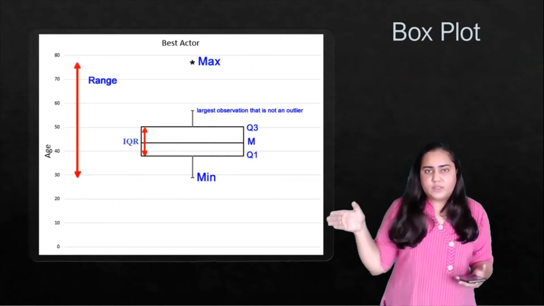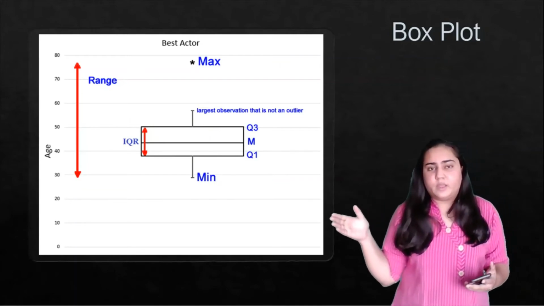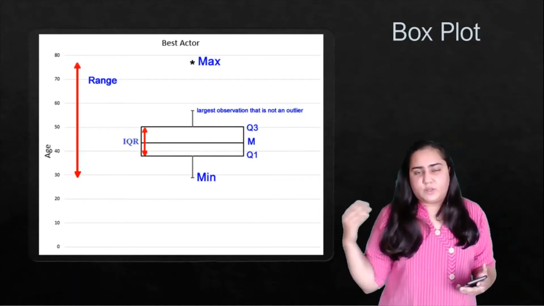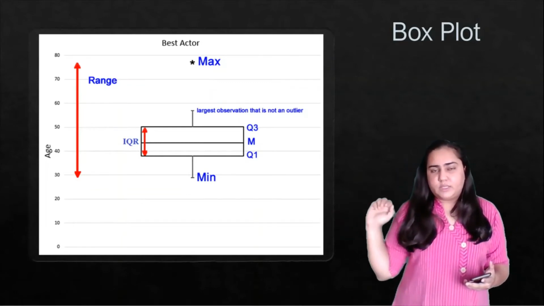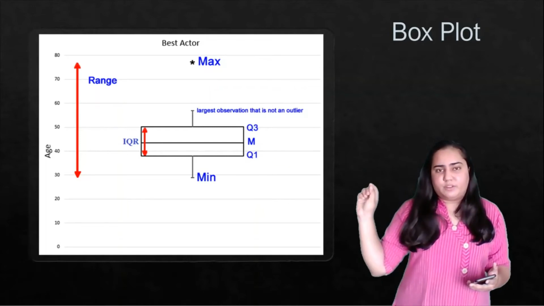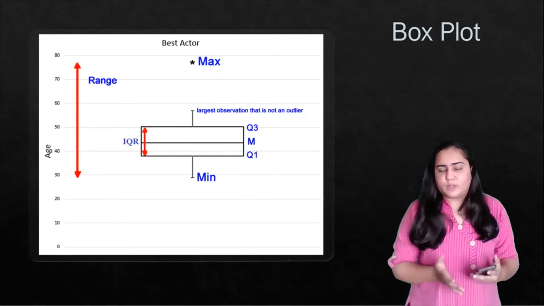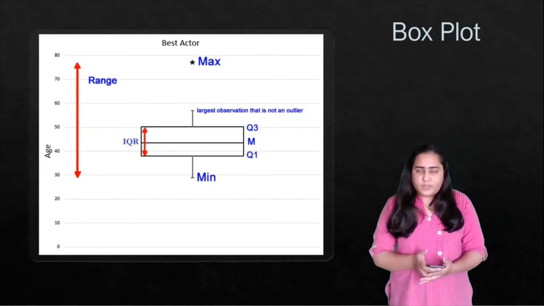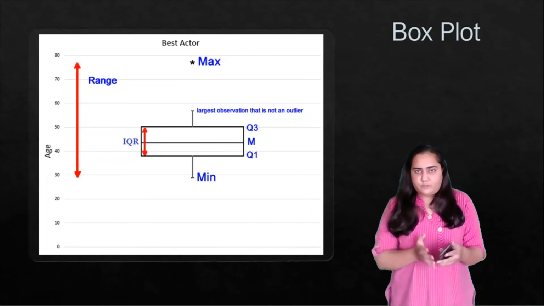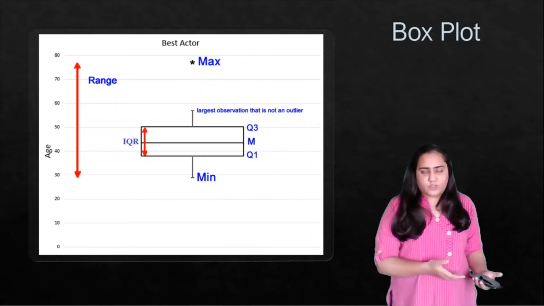To create the line above the box, we are going to use the 1.5 criterion. That is the line going above. Below the box, we are using the min, because we saw earlier that the minimum value 21 falls within this 1.5 area, and we do not have anything less than the minimum value.